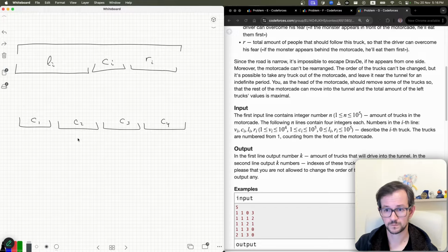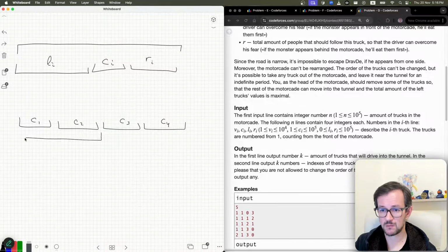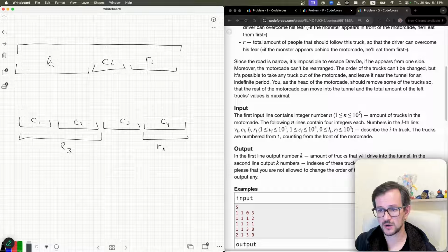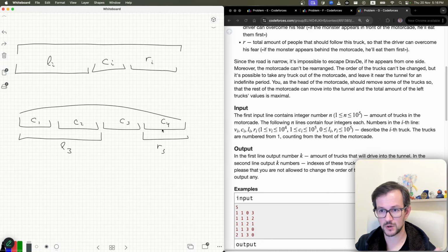For every bus, this sum must be equal to L3, and this sum must be equal to R3. So every bus has a fixed position in this order.